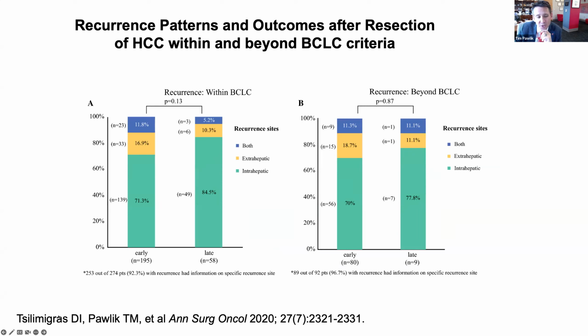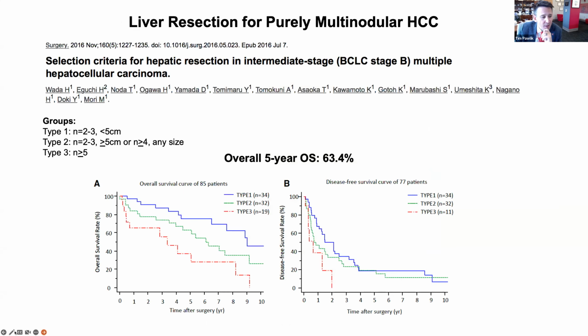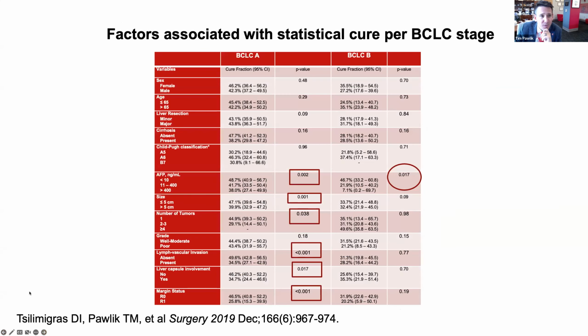So these data would suggest perhaps that if you can extirpate all of the disease in the liver, these patients can derive a long-term benefit. And if you look at the factors associated with statistical cure, the factors included AFP, as well as tumor size and tumor number. But in the BCLC-B group, it was largely AFP.